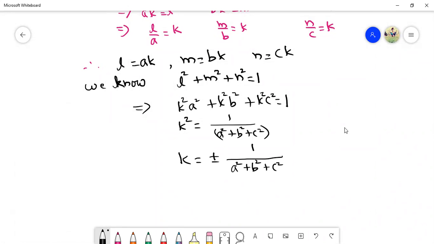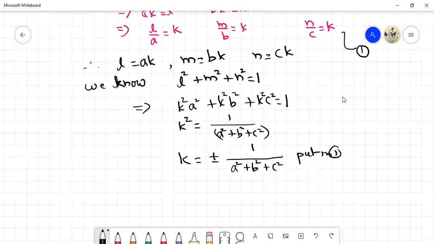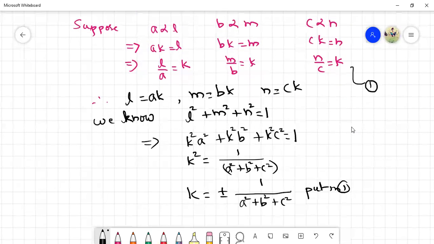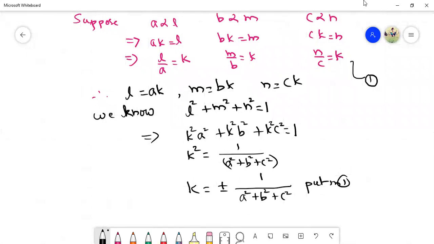Now, if you put the value of K in this equation number 1, the square root will come.